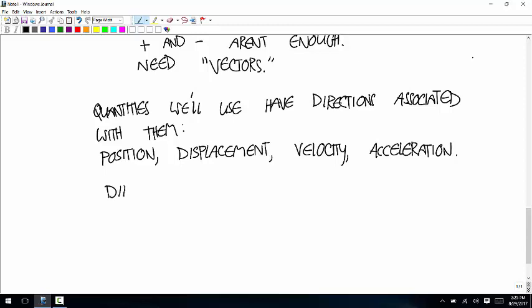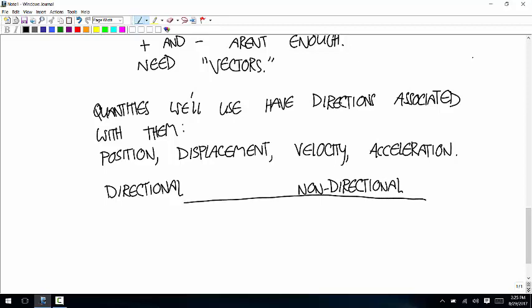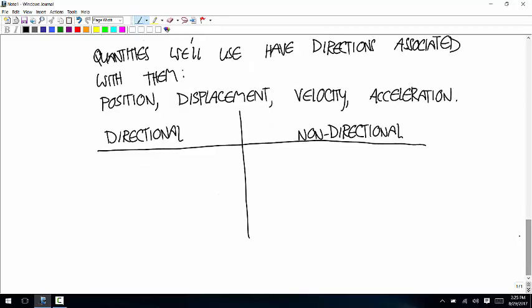So over here will be the directional quantities. Over here is the non-directional equivalents. So the first one that I'm going to define is position. That one we don't really, in everyday speech, have an equivalent of position. You just sort of describe where you are compared to the stop sign or whatever. I'll leave that one blank.